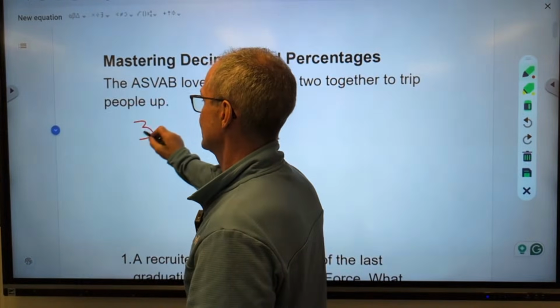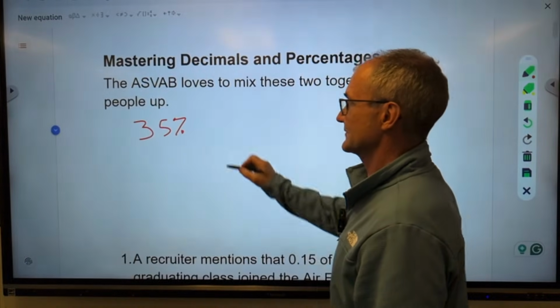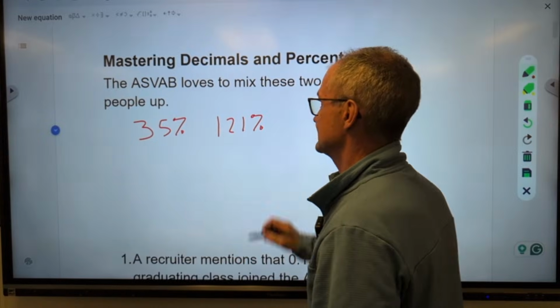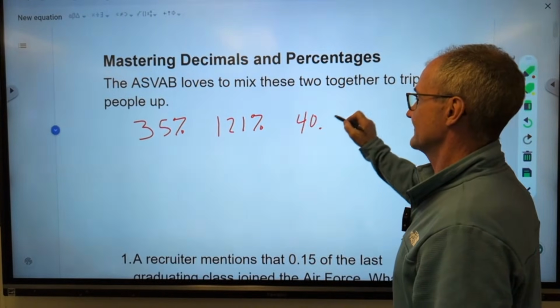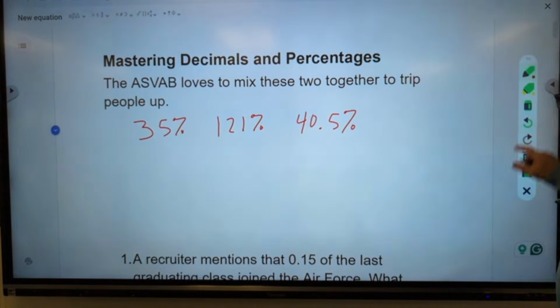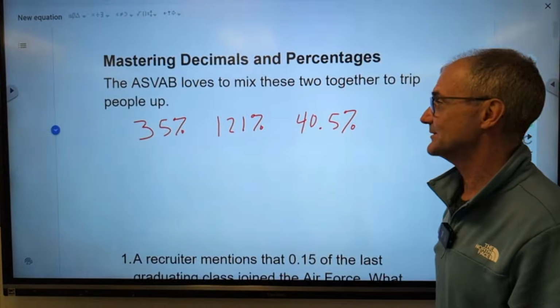So convert 35% into a decimal, convert 121% into a decimal, convert 40.5% into a decimal. I'll give you a second to do that on a piece of paper or even in your head.